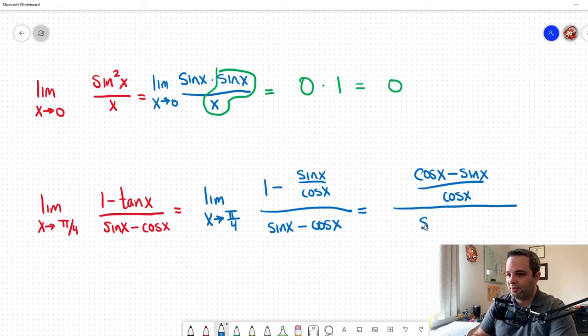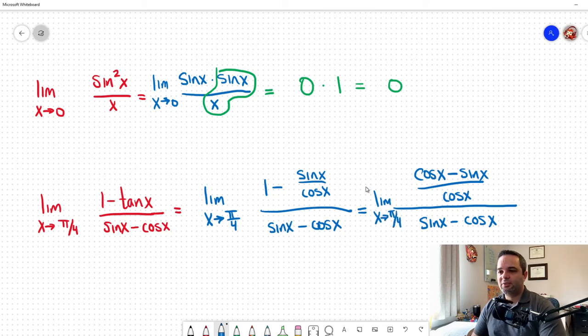The denominator still is sine minus cosine. All I did from this step to this step was combine the numerator, so I have a single fraction.